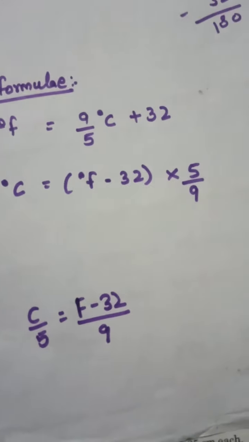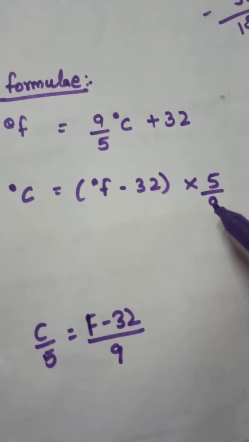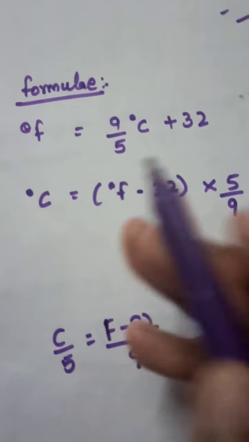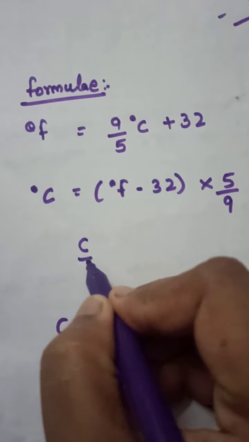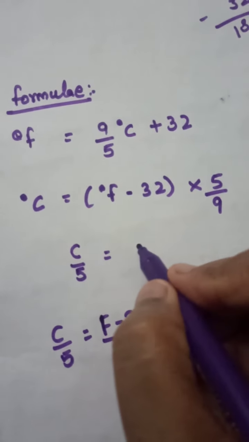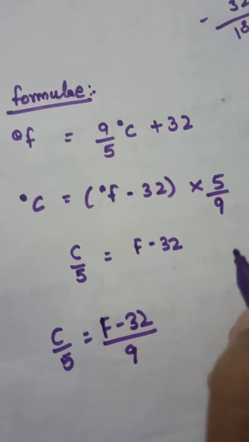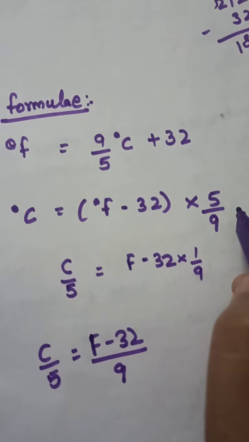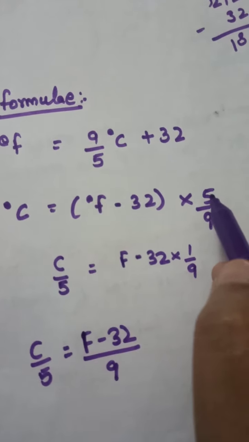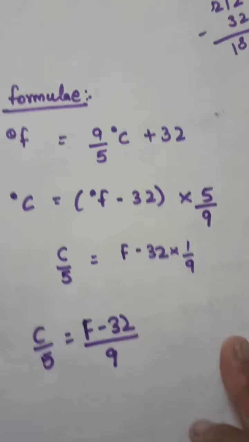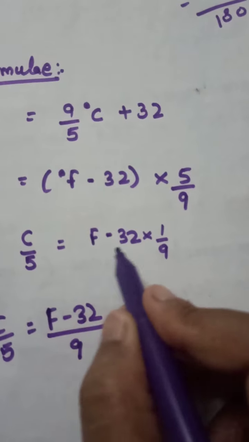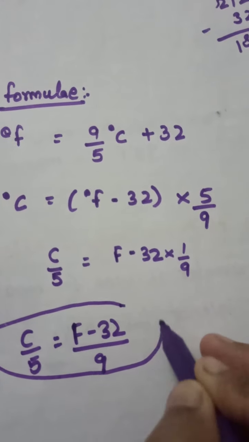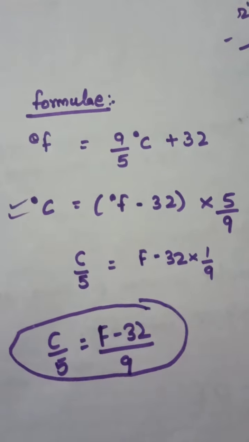Now when we take this 5 to the other side, we get C is equal to F minus 32 into 1 upon 9, and the 5 goes with it. So this 9 we write in the denominator of F minus 32. So this is how we have derived this formula from this one, right?